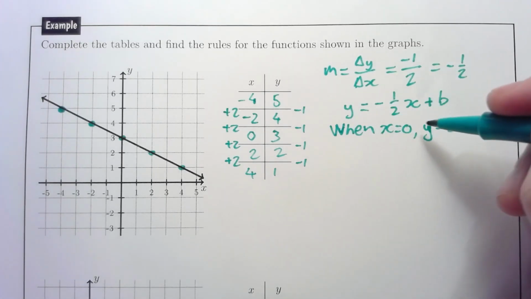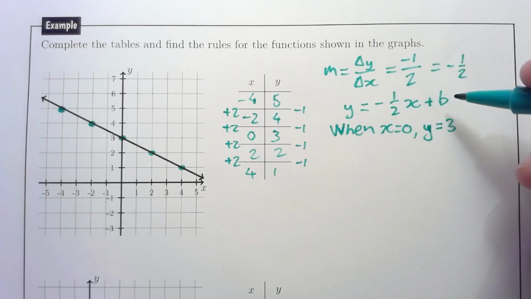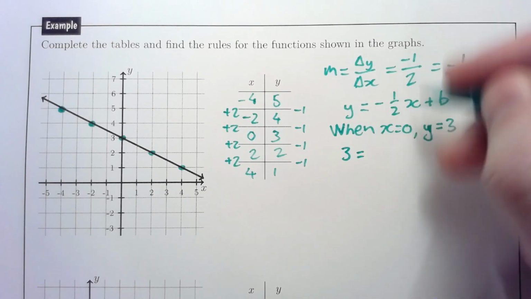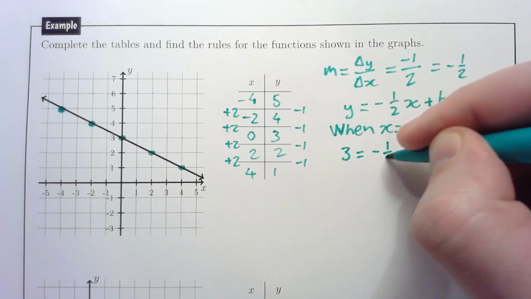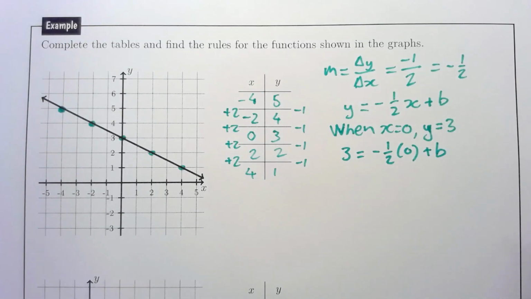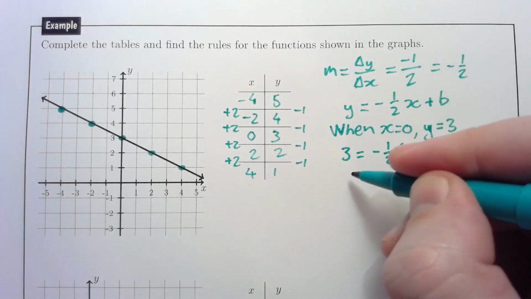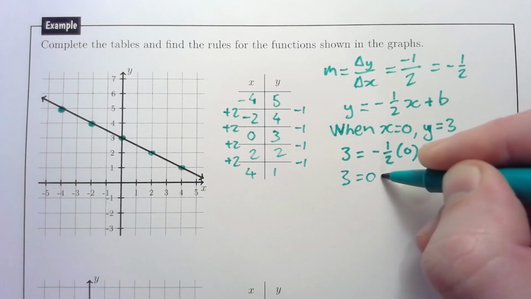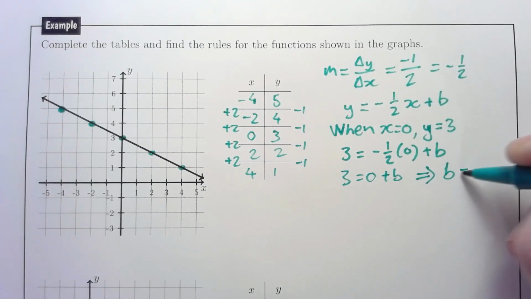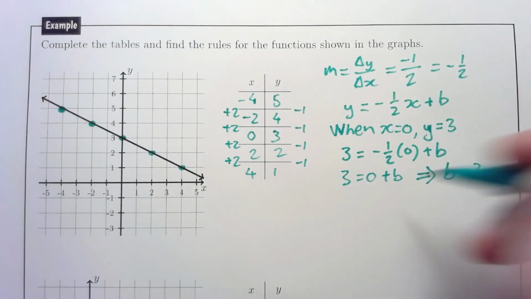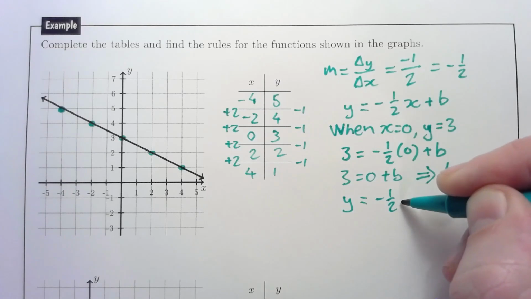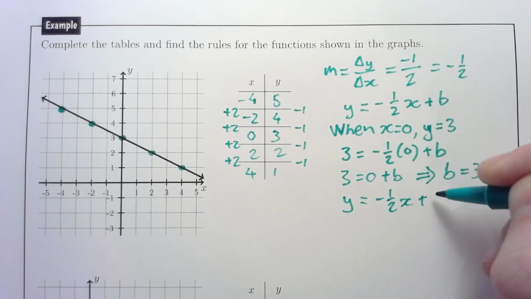So, substituting these values into our rule, we have y equals 3, x equals 0, so that's -1/2 times 0 plus b. So this is really 3 equals 0 plus b, which only works if b is 3. So our rule is y equals -1/2 of x plus 3.